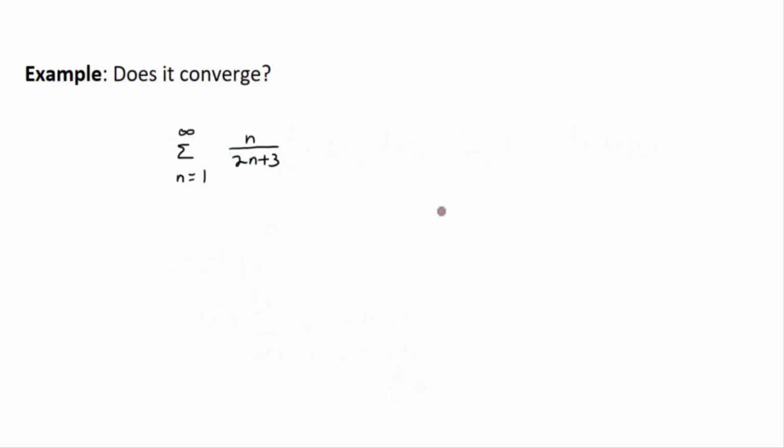Example, you're going to get sick of this question. You're going to see it a lot. Does it converge? We don't even care what it converges to a lot of times. Just does it converge? The sum n equals 1 to infinity of n divided by 2n plus 3. What do you think?